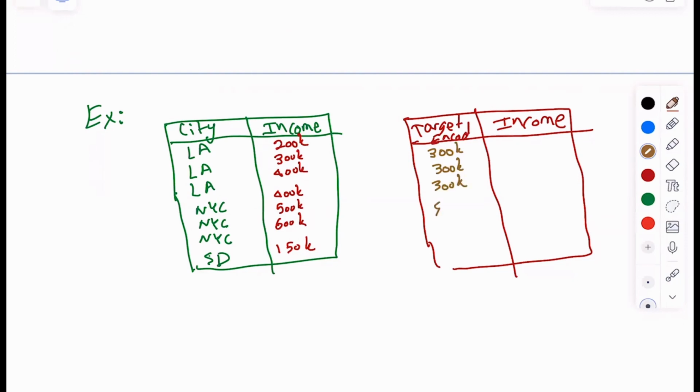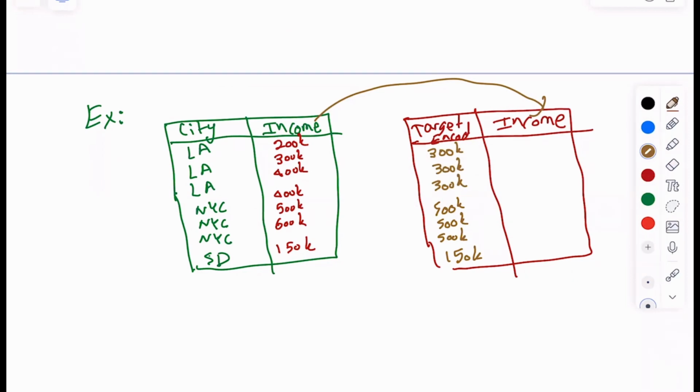The average for New York becomes 500K, 500K, 500K, and then San Diego 100K. And the income we just copy from here. As you see, San Diego has only one sample here.